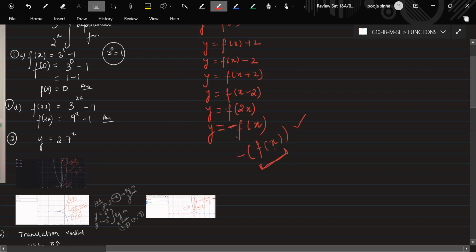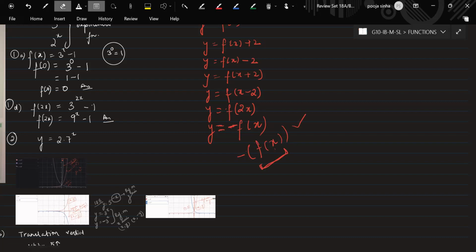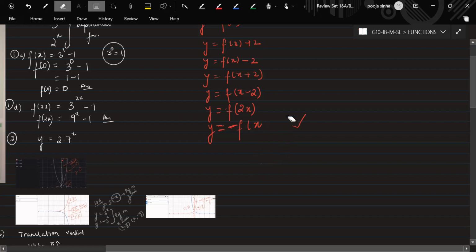Okay. f(x) is not an equation. It is a representation that f(x) can be anything. It can be any equation, a quadratic equation. f just represents a function of x. It can be quadratic, exponential, sin theta, cos theta.